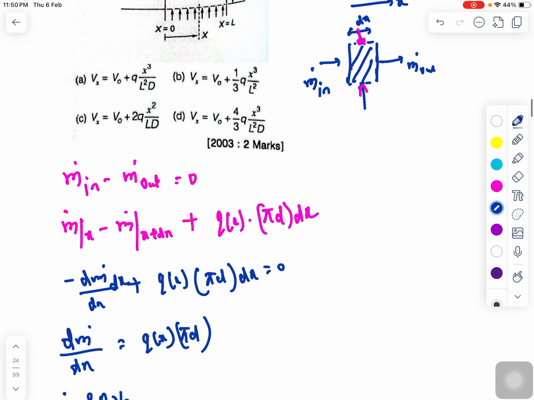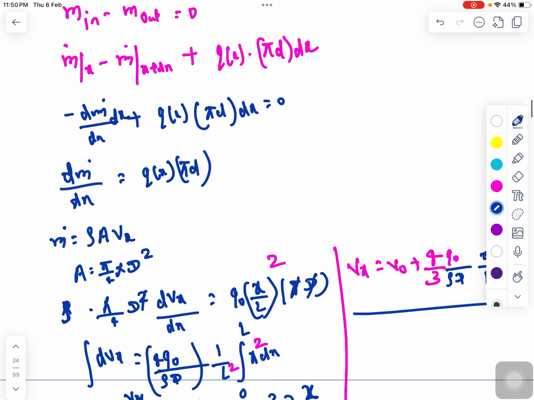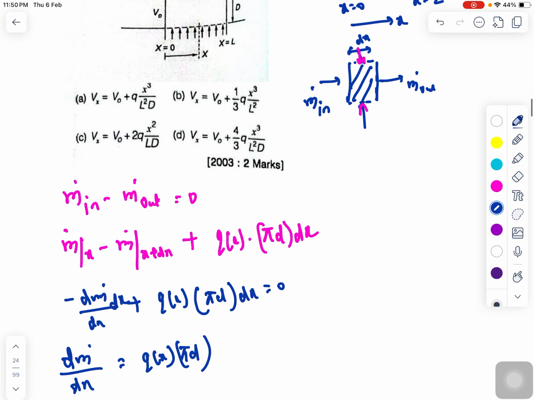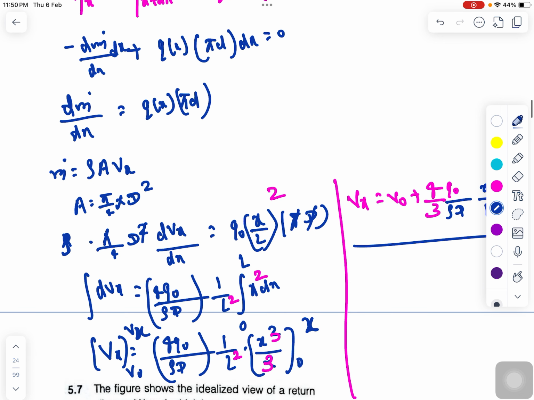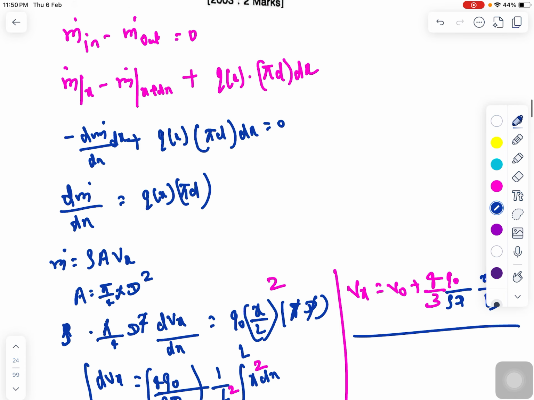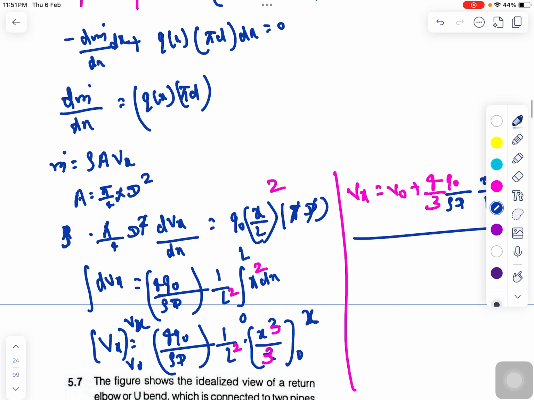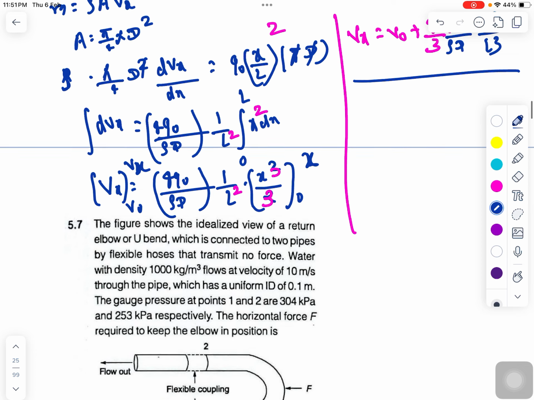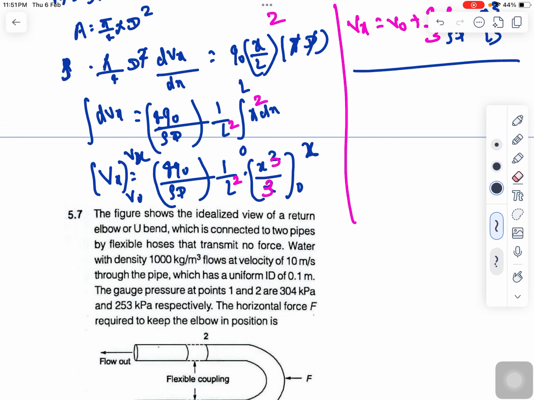There will be a density along this side also, that rho. So rho and rho will get cancelled out, and you can remove the rho value, leaving d only.